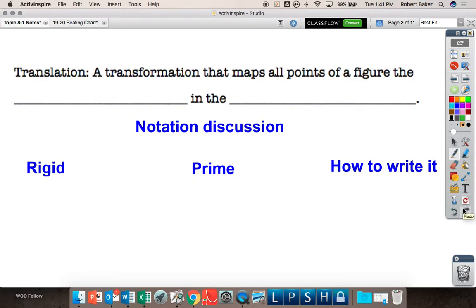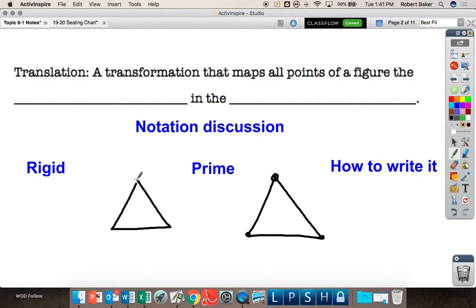Let's say I start with a triangle. Okay? Which way did that triangle move? Right. Left. Both ways. You don't know. Why do you not know which direction it moved? Because there's no arrows pointing in a direction.